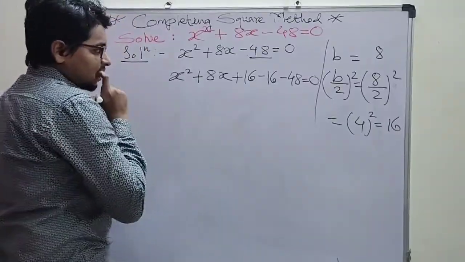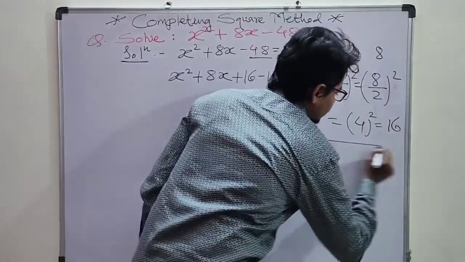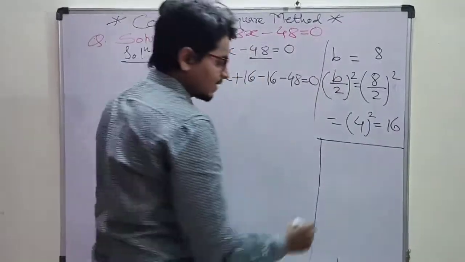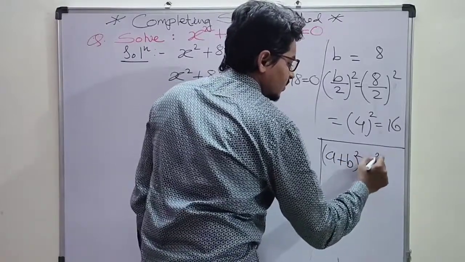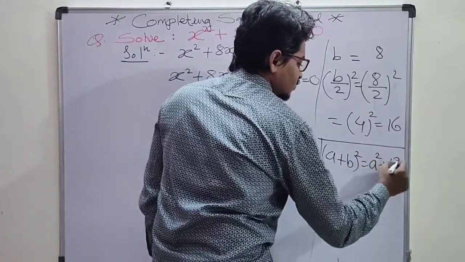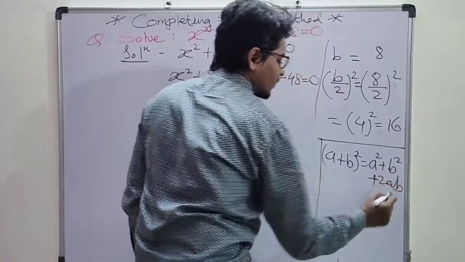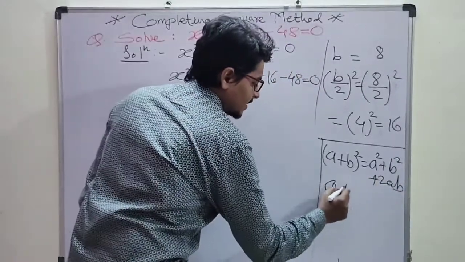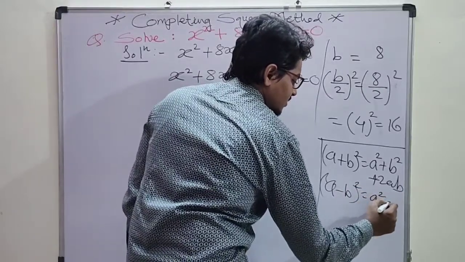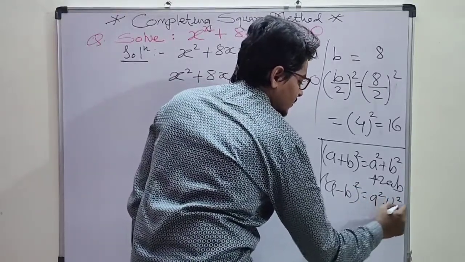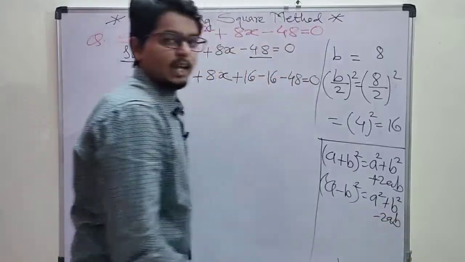Now, you know that a plus b whole square is equal to a square plus b square plus twice of ab, and a minus b whole square is equal to a square plus b square minus twice of ab.